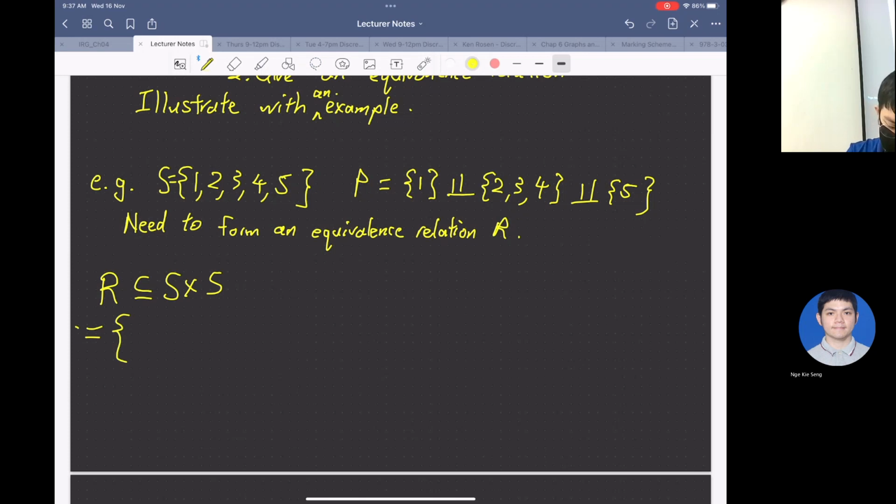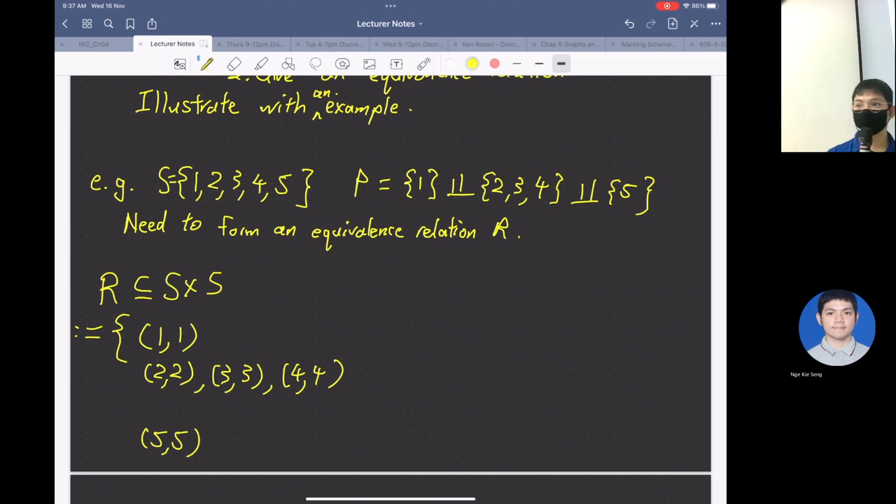Let's define R to contain first the ordered pairs (1,1), (2,2), (3,3), (4,4), (5,5). Why do I include these? Because it is reflexive. For every element in the set, we want 1 related to 1, 2 related to 2, 3 related to 3, and so on.